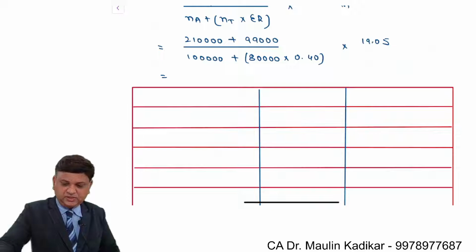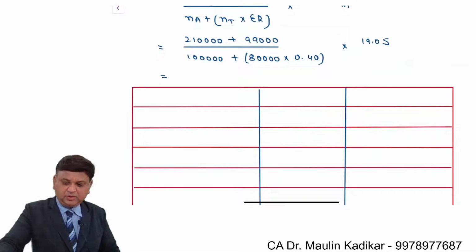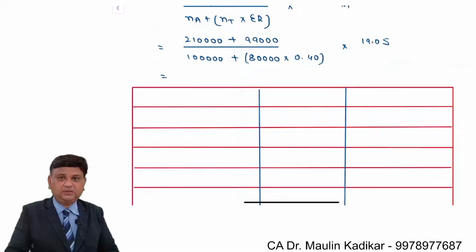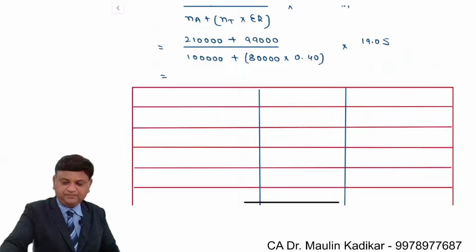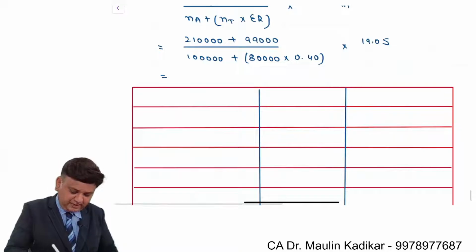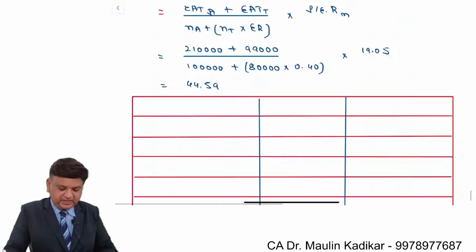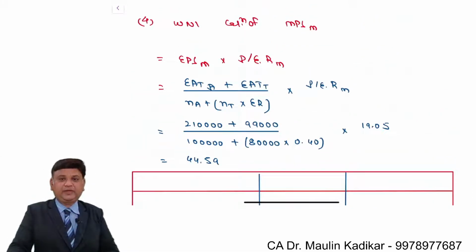So it is 80,000 into 0.4, 32,000, plus 1 lakh, that is 1,32,000. 2,10,000 plus 99,000, 3,09,000 divided by 1,32,000 into 19.05. That is 44.59. That is the way MPS of the merged firm can be calculated.